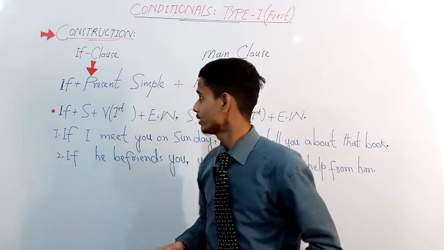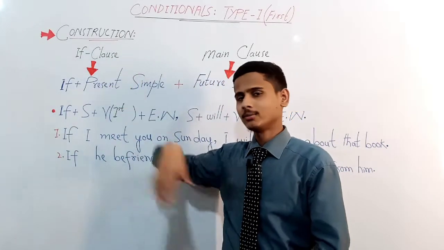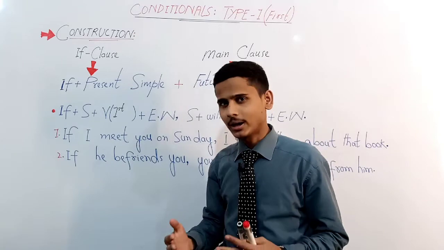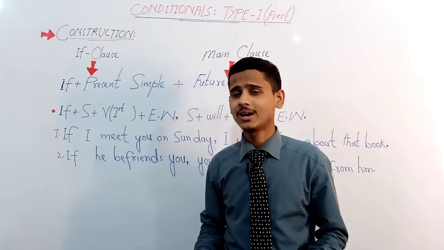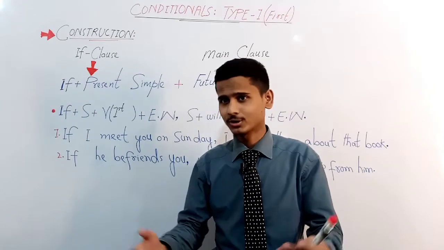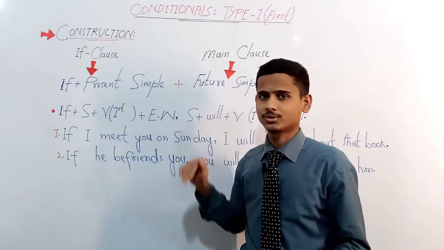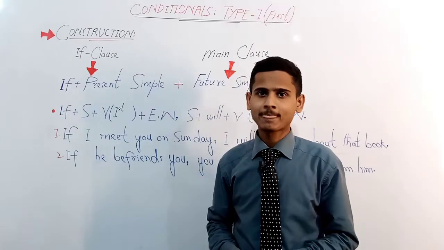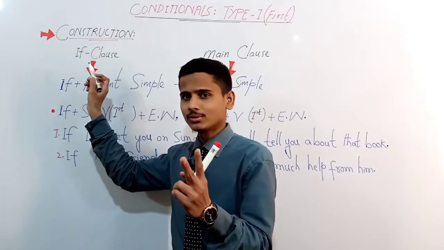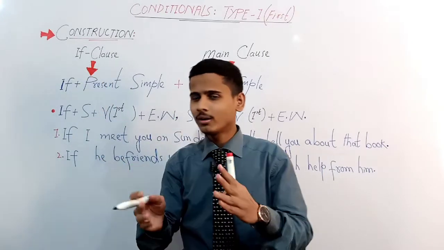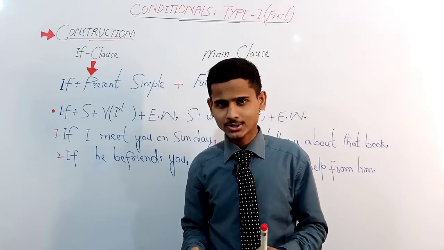So I have written here the construction. I could have just written if clause plus main clause, but I have explained it further by writing the present simple and future simple and their structures for those clauses. So let's dive in. If we have two clauses, make sure clauses and sentences are different, right?